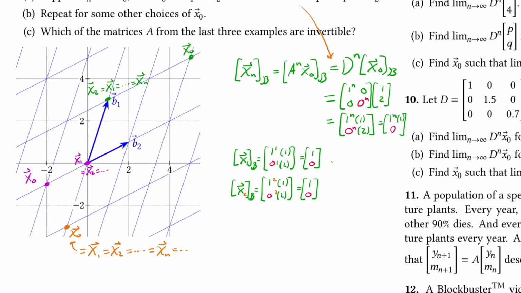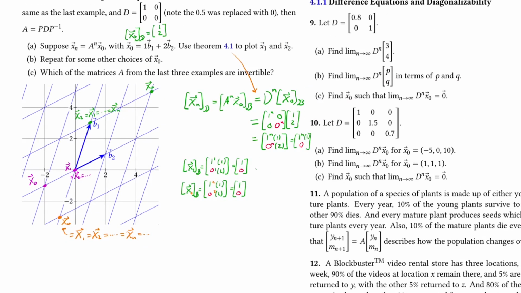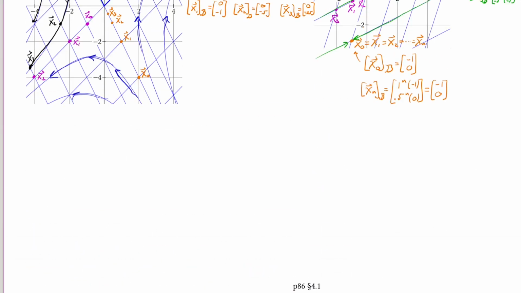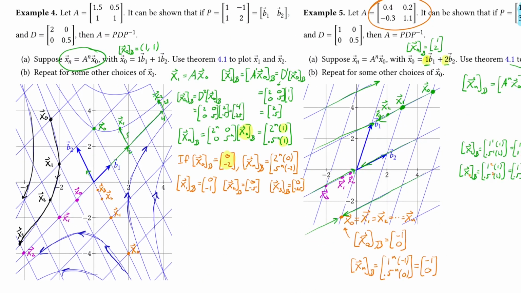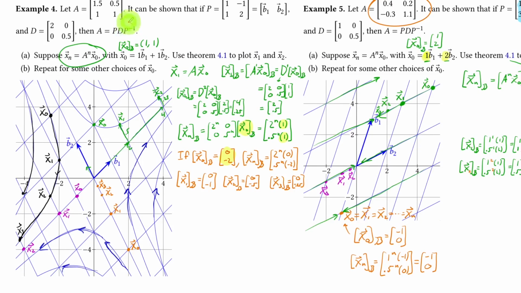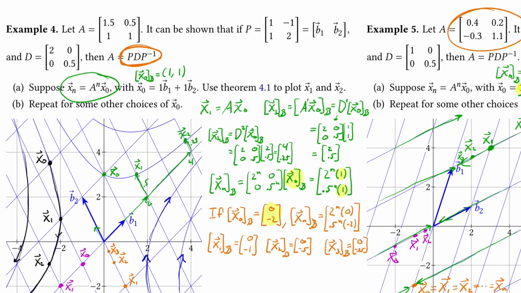All right, so let's look at part C. Which of these matrices from the last 3 examples are invertible? Let's start with this A here. Now there's a way you could see it's invertible using the diagonalization. We don't need to be that fancy.